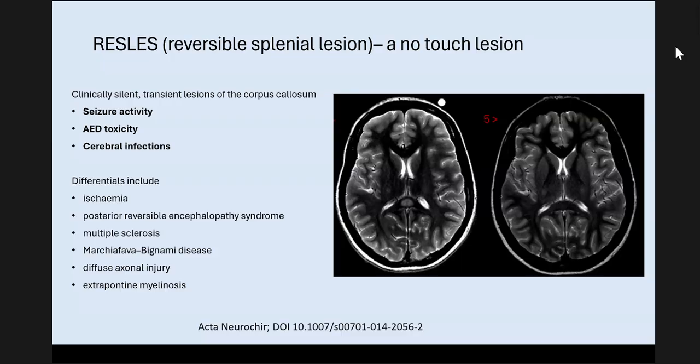You have to consider entities such as stress, extrapontine myelinolysis, ischemia, demyelination when you see similar appearances. But in the context of somebody having seizures, somebody on probably multiple anti-epileptic drugs, when you see something like that, leave it alone. Medical management, optimization of drugs, optimization of control of the seizures, repeat the scan, and most of the times this will go away.